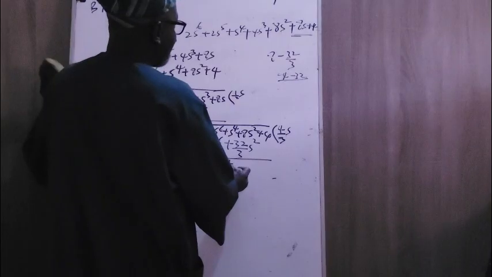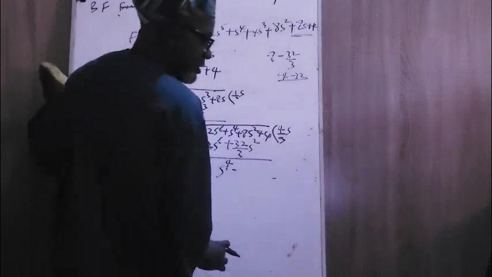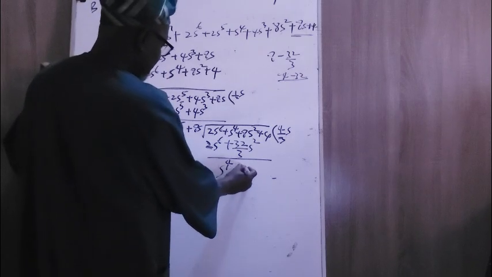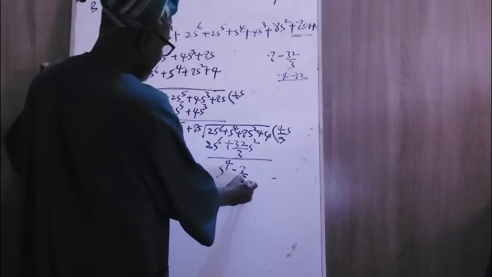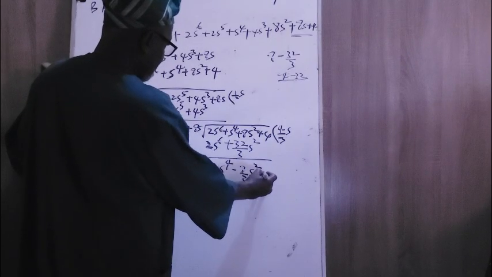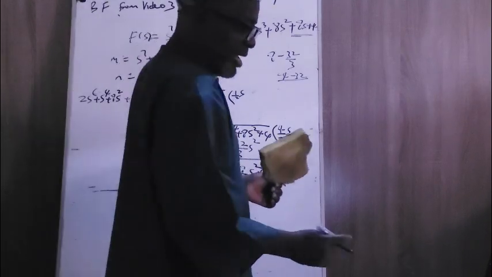That will give us minus 8 over 3s^2 plus 4. Definitely there's a problem there.